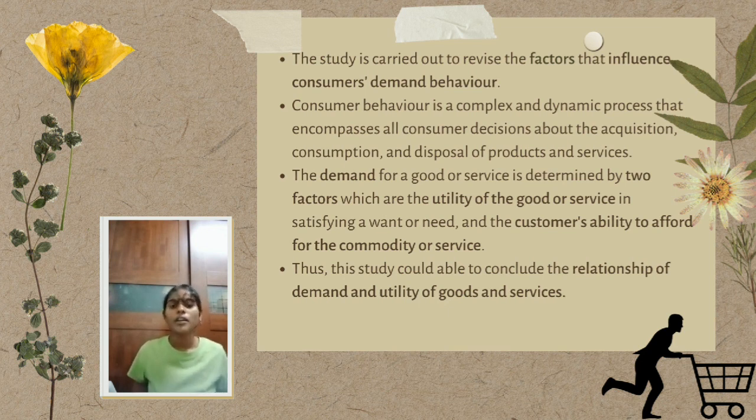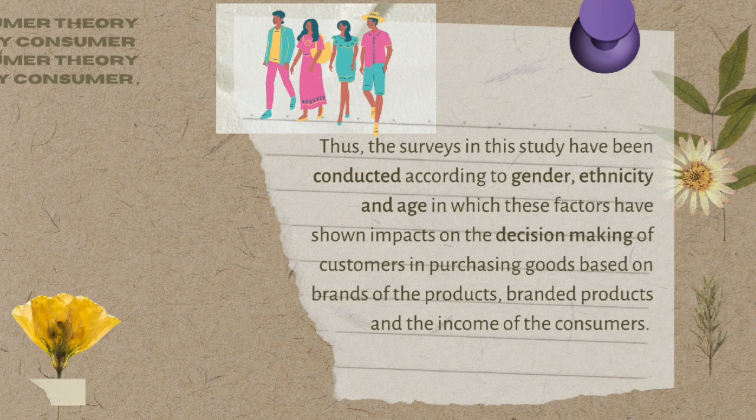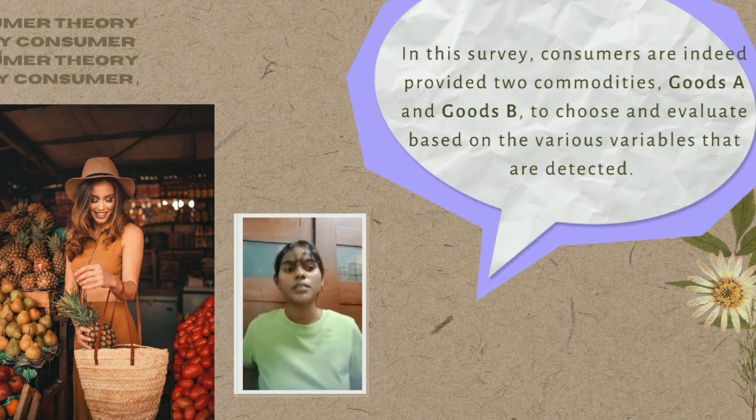In the economic concept, demand theory describes the relationship between consumer demand for products and services together with the market prices. Our Group 7 has done the survey according to two commodities, which are goods A and goods B, and we used those goods A and goods B to evaluate based on various variables.